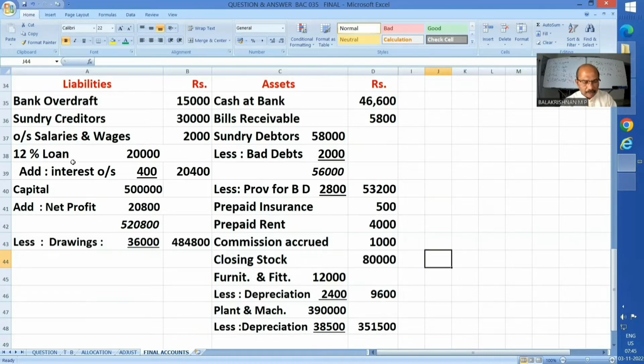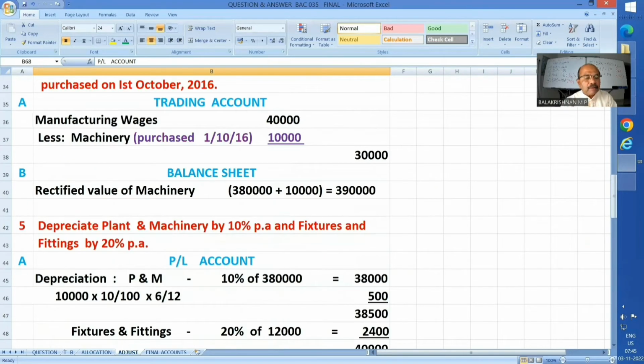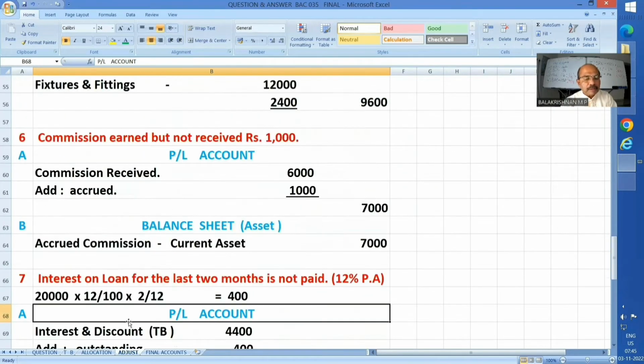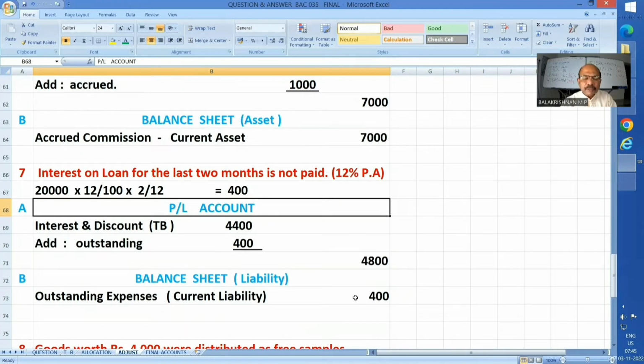Right. 12% loan, subject to adjustment, 20,000 of the loan, and interest outstanding 400. I already explained to you the interest outstanding. Yes, 400 rupees interest is there, as we have just seen here. This has to be clubbed with the concerned loan account.